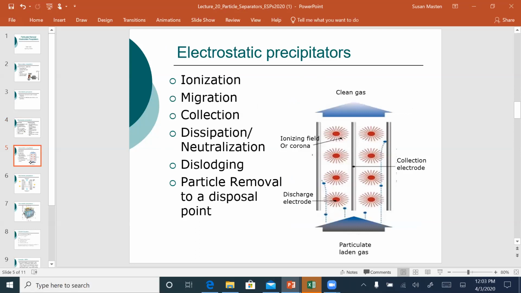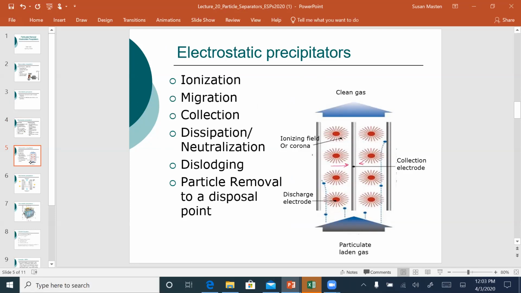So basically, the way that these work is that they're applying an electrical charge. So they ionize the particle, causing a change in the surface of the particle. That causes the particles to migrate towards a collection electrode.